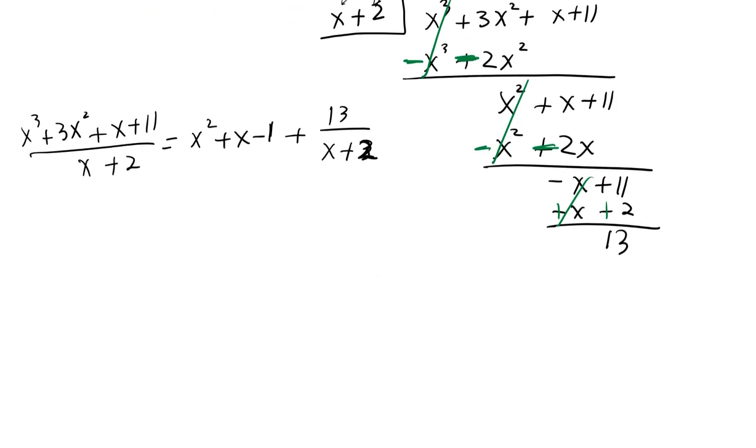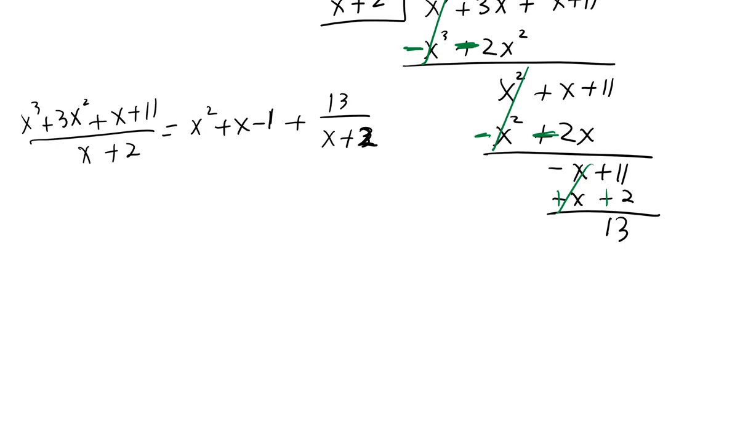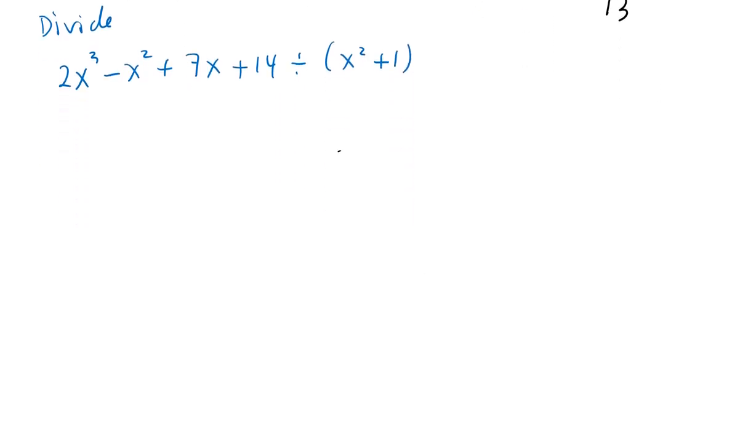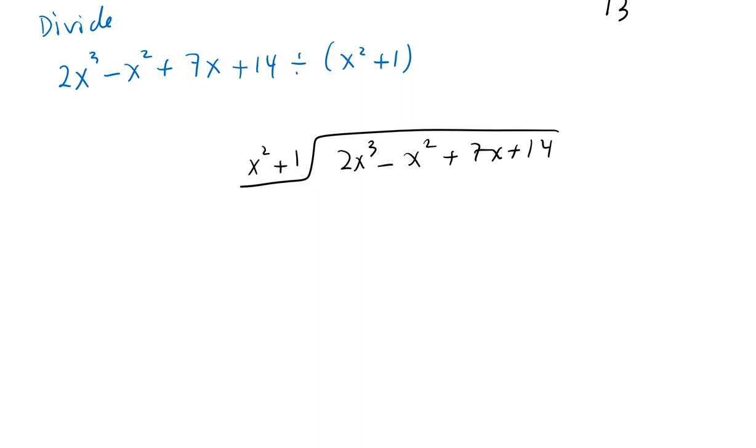Next one, as another example, let's say we are asked to divide 2x cubed minus x squared plus 7x plus 14. Divide that by x squared plus 1. This divided by x squared plus 1.